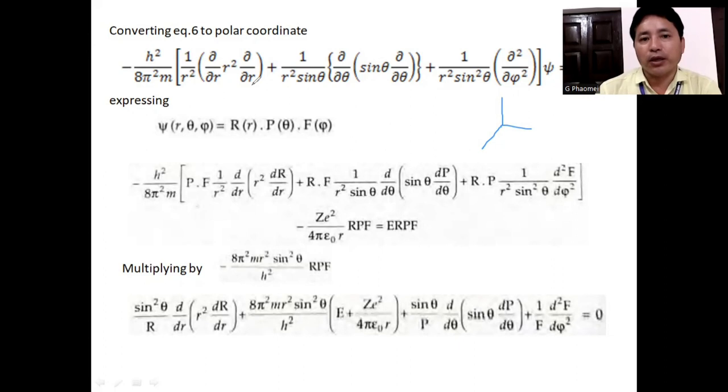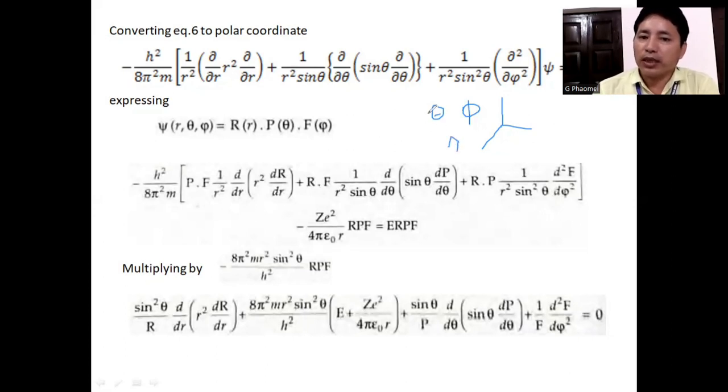Therefore, only x, y, z cannot explain the motion of the hydrogen atom. Therefore, we need to consider theta and phi, that means the zenith angle and the azimuthal angle, and r, that means r is the radial distance.